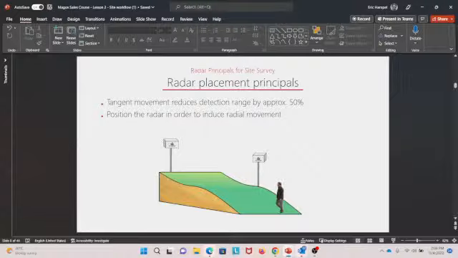What is still absolutely valid at that point, in general, these radars that we offer and radars you find in the security industry, they are performing much better on radial movement compared to tangential movement.